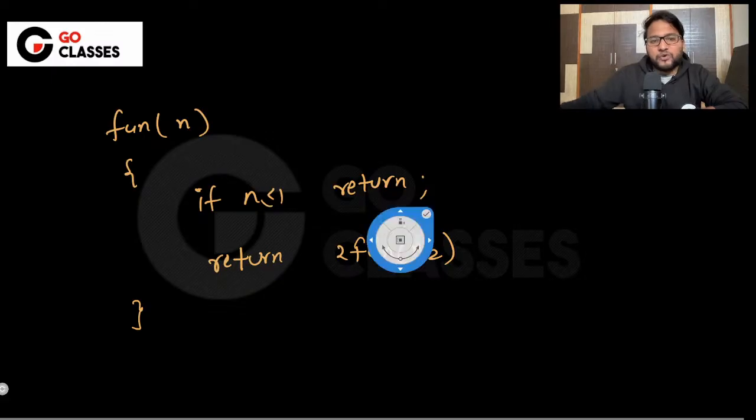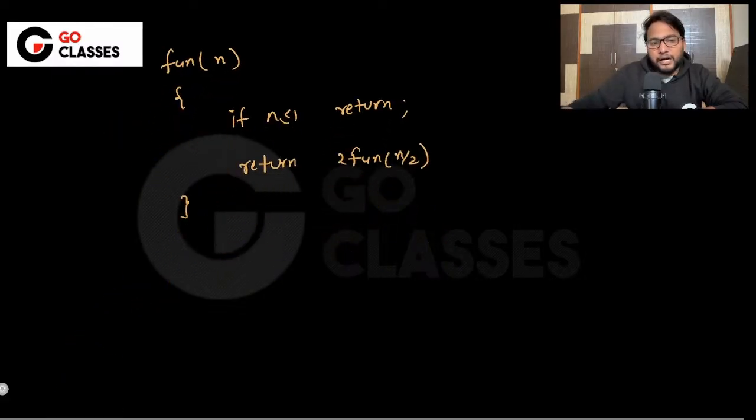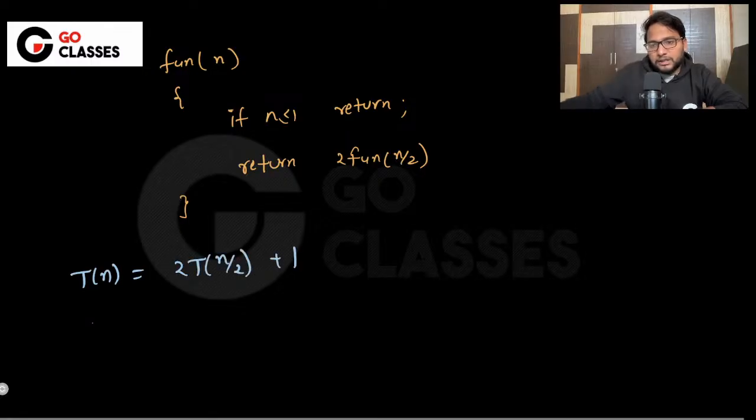First of all, you should know how to write the recurrence relation, and only then can you work with it, right? So option A could be T(n) = 2T(n/2) + c, some constant. Option B: T(n) = T(n/2) + some constant.